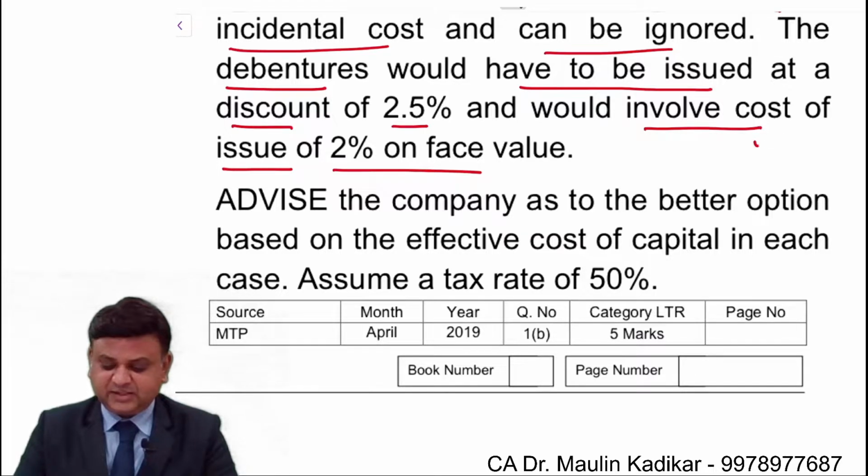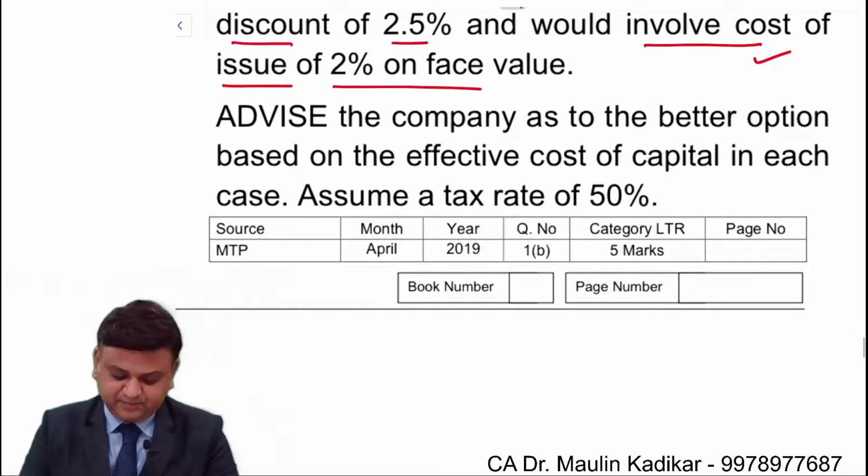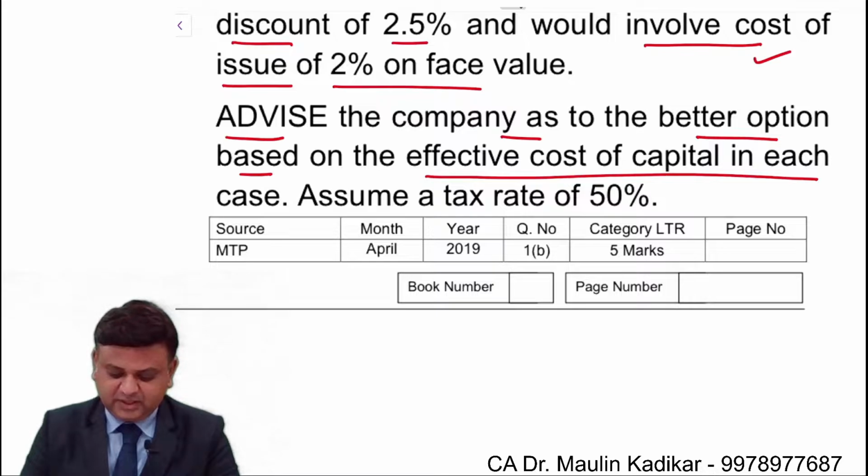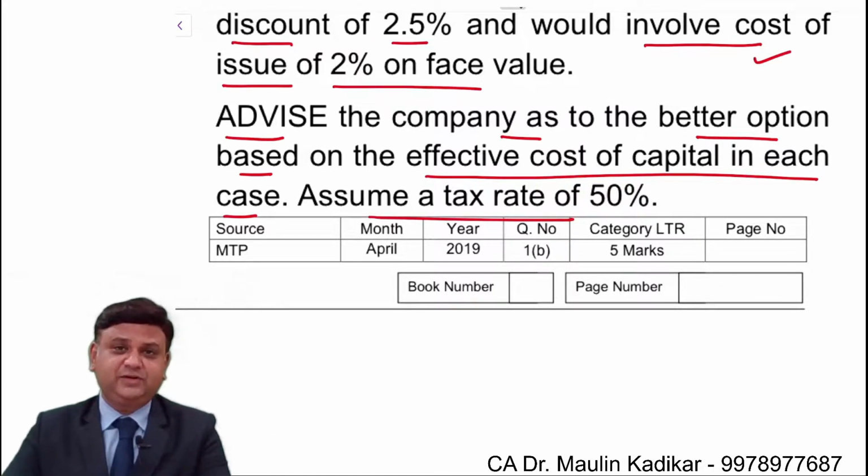So they have provided a very good clarification that the flotation cost is 2% on the face value. Advise the company as to the better option based on effective cost of capital in each case. Assume that the income tax rate is 50%.